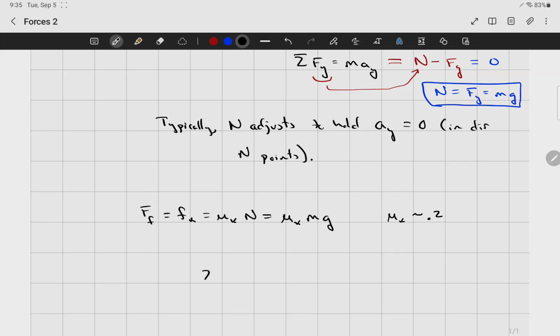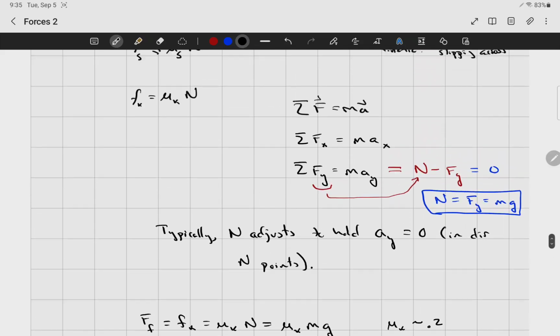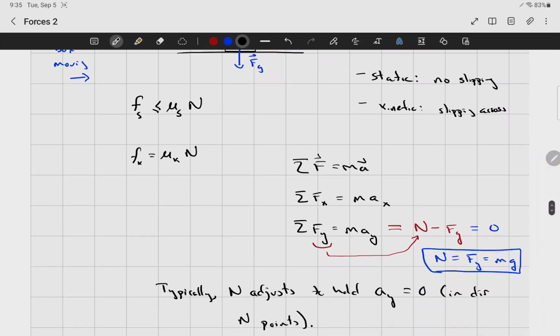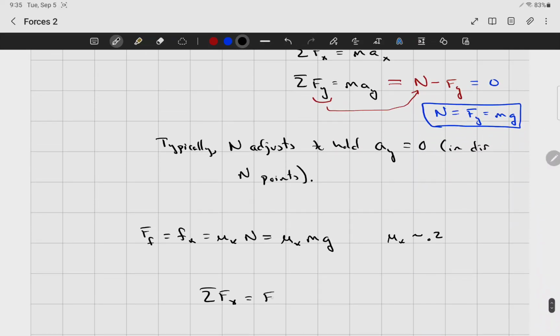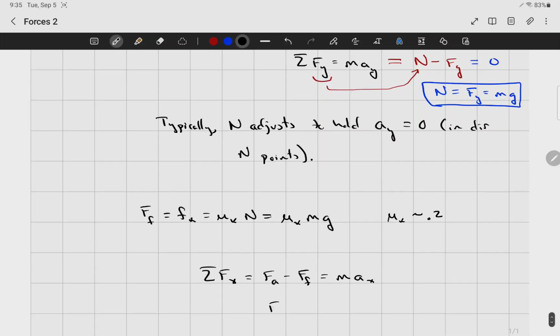And so now if I took the sum of the forces in the x direction and I look back at my figure, I would see that there was the applied force minus the frictional force equal to the mass times the acceleration in the x direction. Whatever the applied force would be, I would then subtract off mu sub k mg, because I've determined that the frictional force is mu sub k mg.